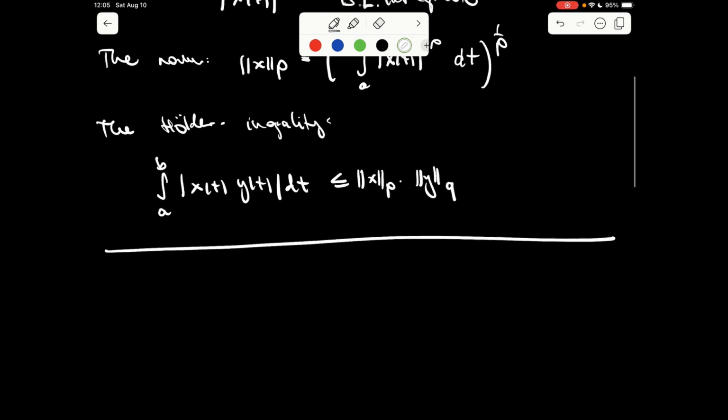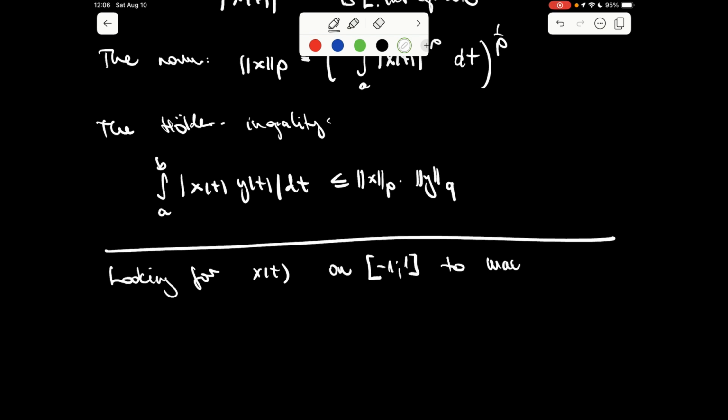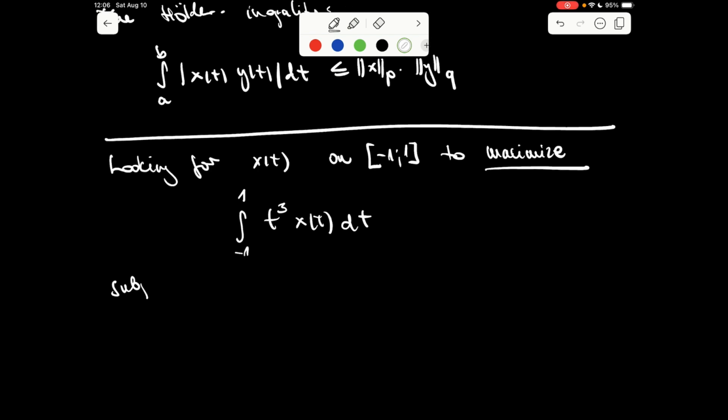So in the exercise, in the problem, we are looking for a function x(t) on this interval to maximize this integral, subject to the constraint on x.